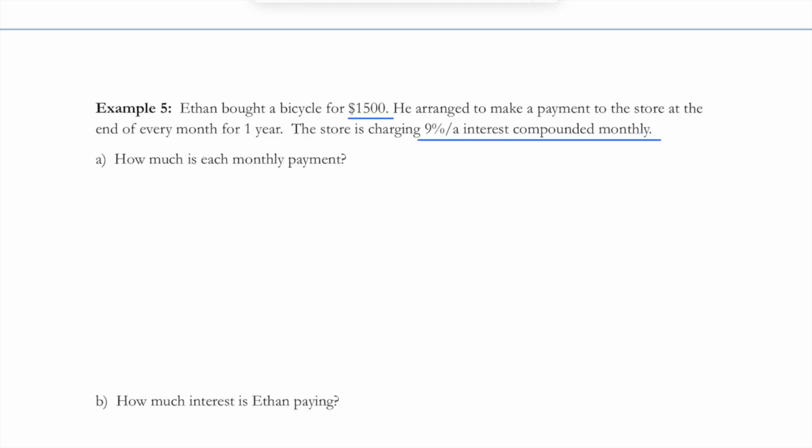We can see right away we need an adjustment for R. Okay, so 9% per year. Okay, so that's 0.09, and because we want to compound it monthly, we're going to divide that by 12. This ends up being 0.0075 per month.